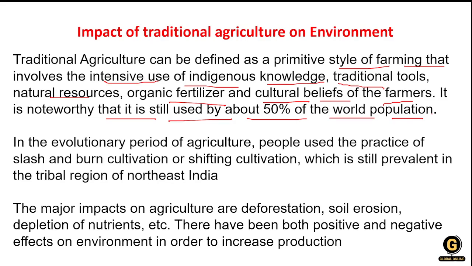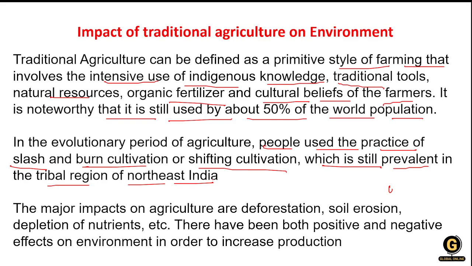Understanding? In the evolutionary period of agriculture, people used the practice of slash burn cultivation, shifting cultivation, which is still prevalent in tribal regions of northeast India. Even in the north of India we can see stubble burning.